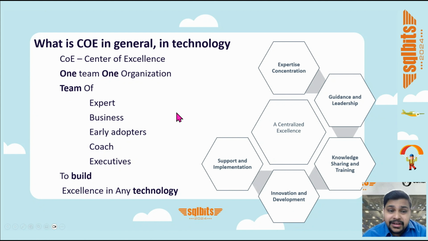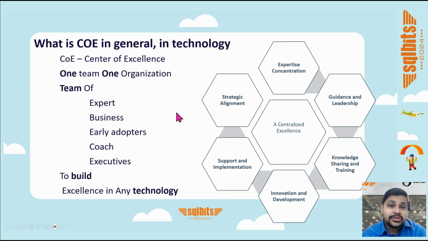Now, the second last one is support and implementation. This is the key, right? It's very pivotal for offering hands-on assistance to your customer in the technology. The last one is strategic alignment. It is very important that you align various people, aligning your COE with the customer needs, right? So your customer doesn't have to look for, hey, who is my Fabric admin?